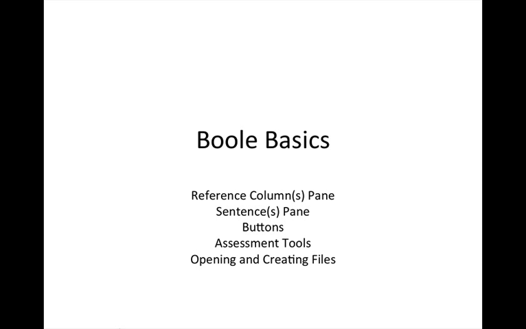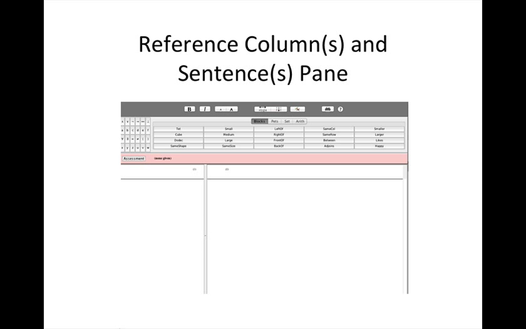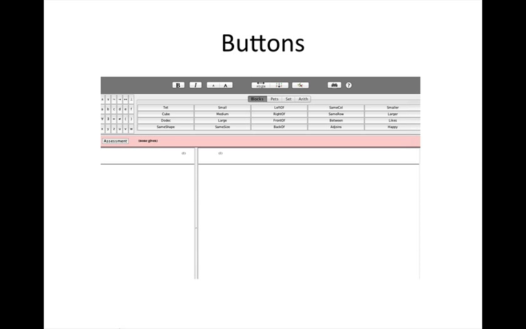So let's get started. First thing that we will look at is the side-by-side panes, the reference column on the left and the sentence window on the right. We will also look at using the buttons, which after having looked at the Tarski's World program should be familiar to you.